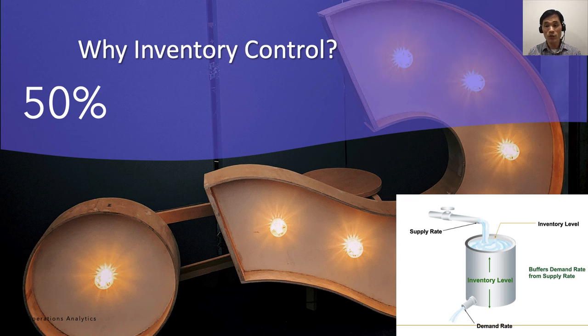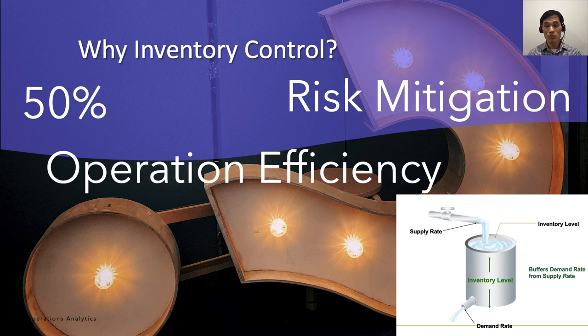Disasters like earthquakes and COVID-19 can strike a region or a country, and companies cannot maintain the continuity of their operations without a secure amount of inventory. It can be used, in other words, for mitigating risk and improving operations efficiency by using inventory control.